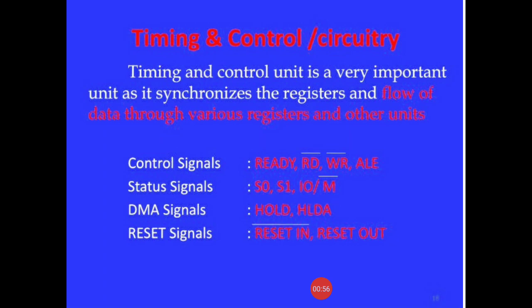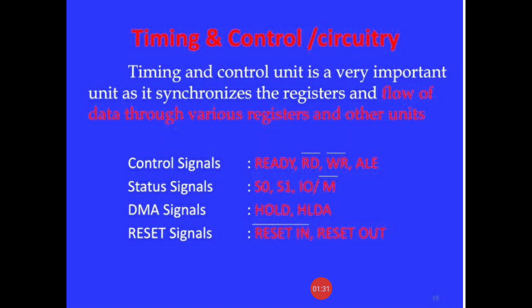It controls data flow between CPU and the peripherals, that is input output devices, memory, etc. It provides status, control and timing signals which are required for the operation of memory and input output devices. It controls the entire operation of the microprocessor and peripherals connected to it.